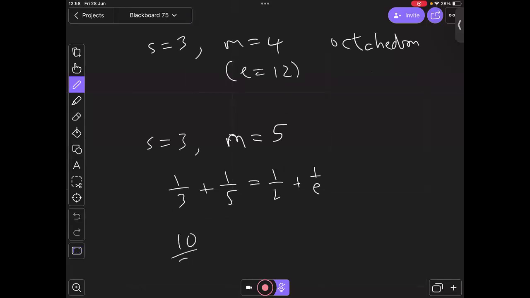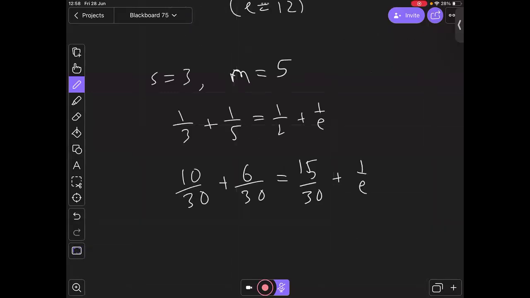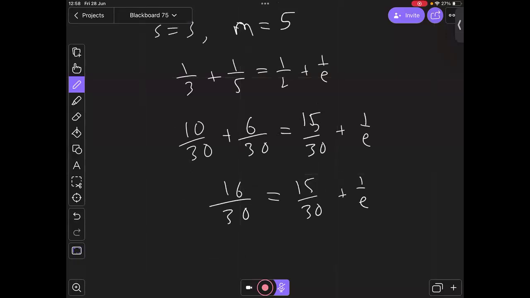So this is 10 over 30 plus 6 over 30 equals 15 over 30 plus 1 over E. Well, now we have 16 over 30 equals 15 over 30 plus 1 over E. So what must E be in this case? 30. E would have to be 30, yeah.